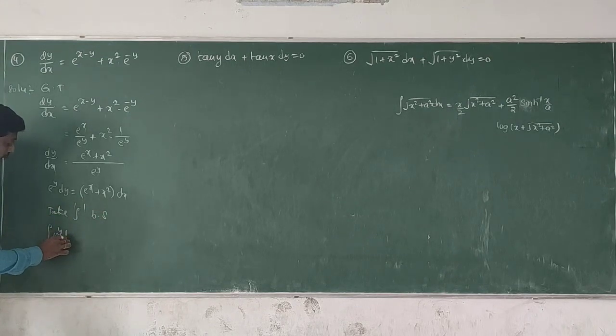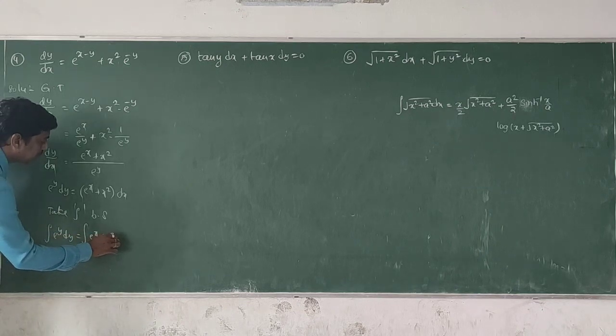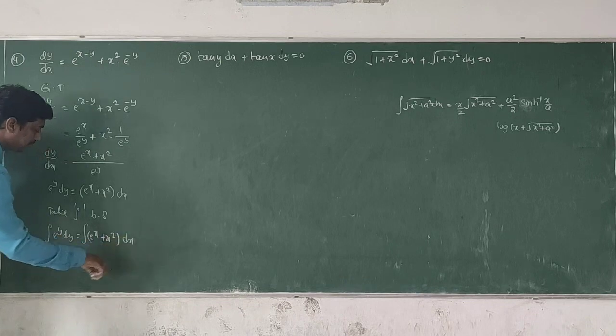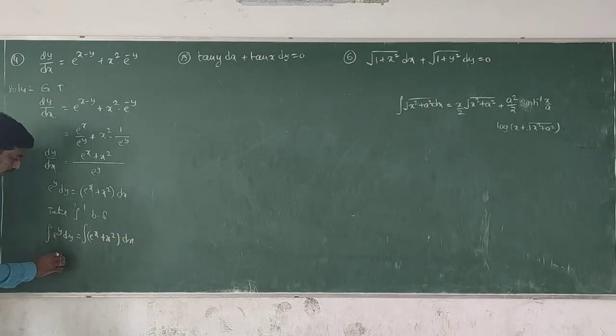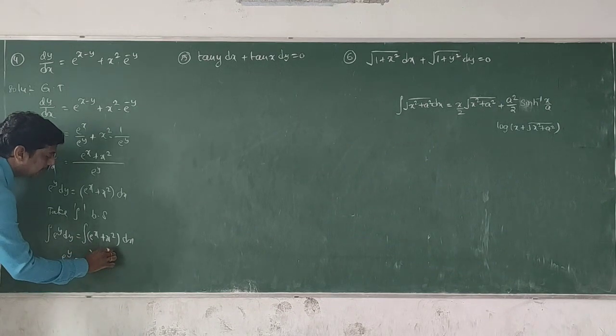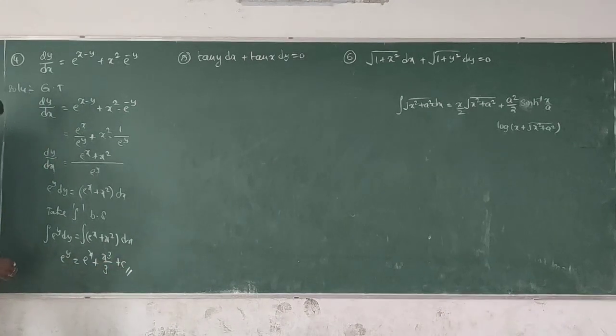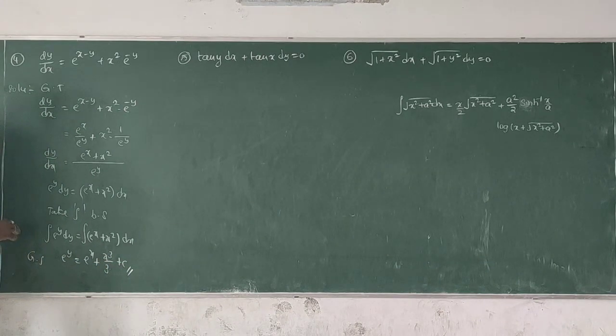Integration of e power y dy equals integration of e power x plus x square into dx. Integration of e power y is e power y only, e power x integrates to e power x, plus x square integrates to x cube by 3, plus constant, which is the general solution of the given equation.